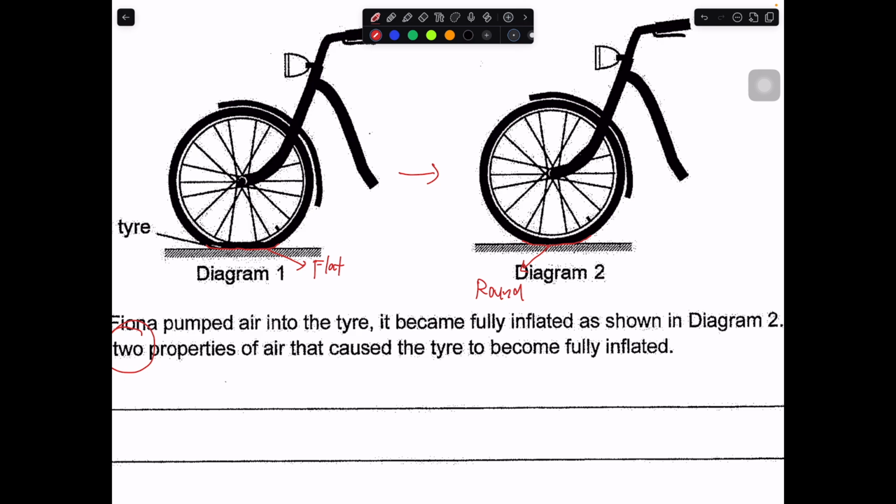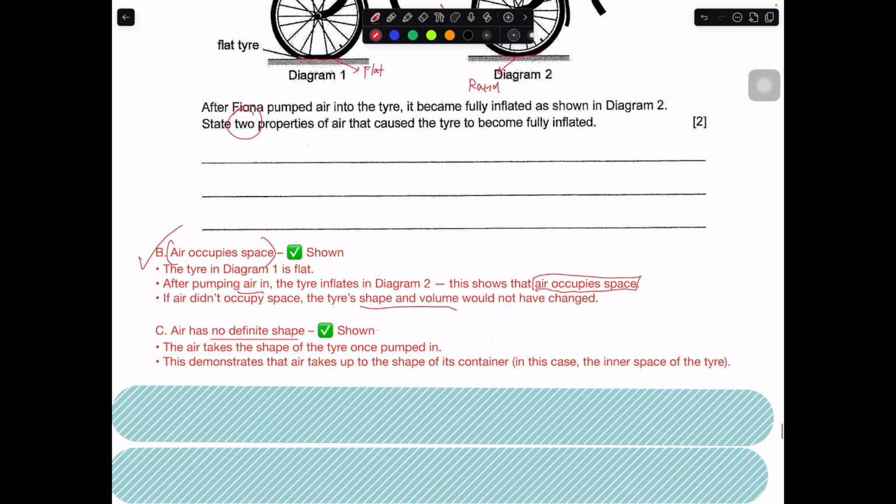So the air takes up the space within the tire to change its shape into the shape of an inflated tire. This demonstrates that air takes up the shape of the tire. In this case, it's the inner space of the tire, not a container. So in this case, B and C are being shown.